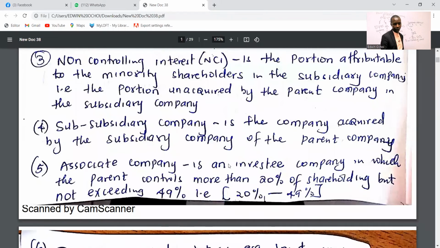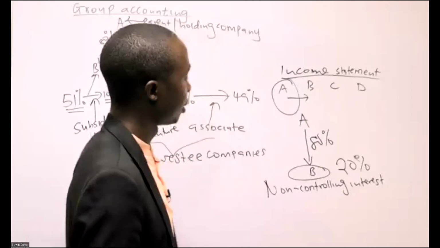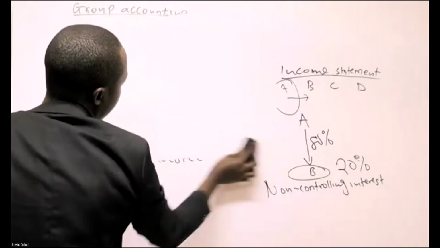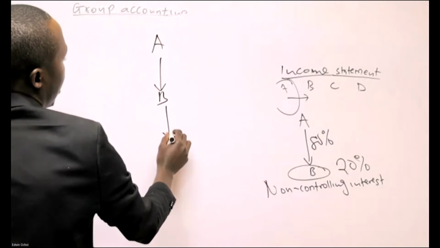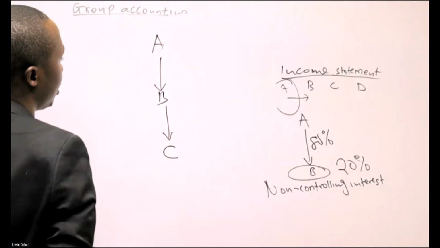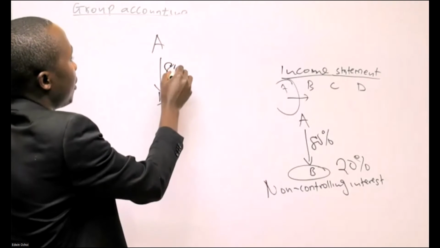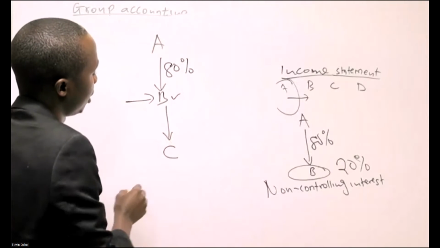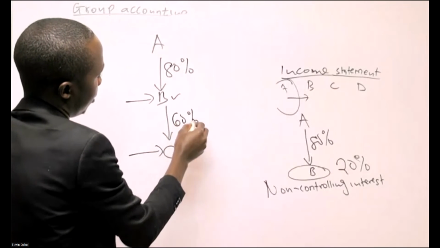And the next thing we talk about is all about subsidiaries, associates, and joint ventures. For subsidiaries, in some cases you will find that A had acquired B and C. A student asked me this question today. For example, A acquires 80% of B, then B acquires C, let's say up to 60%.